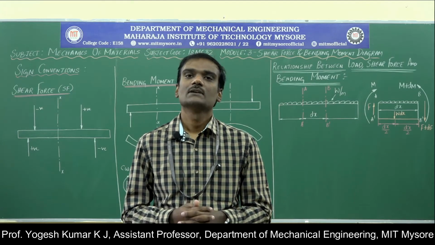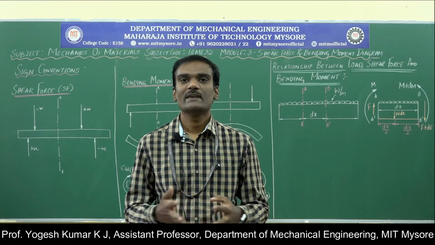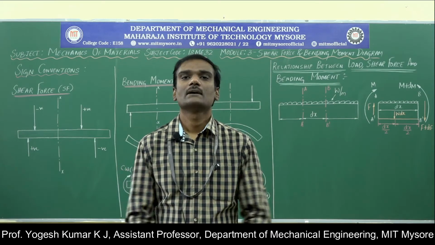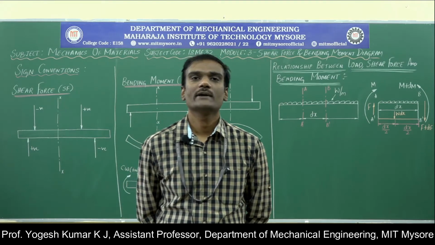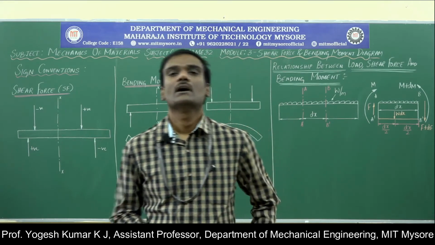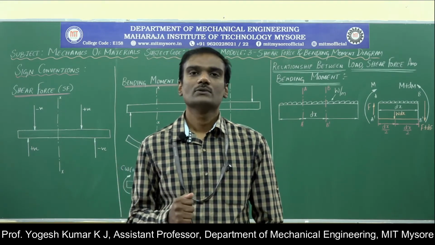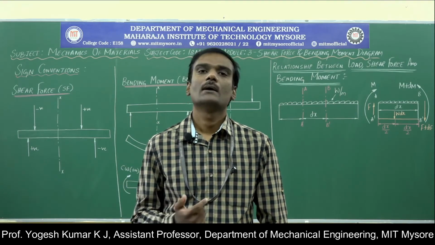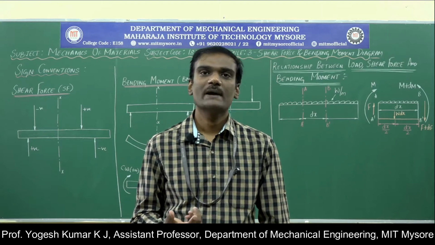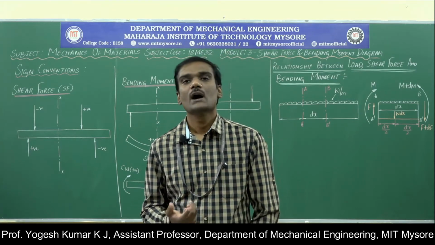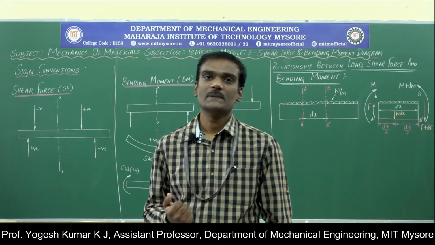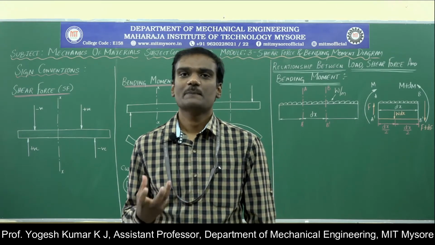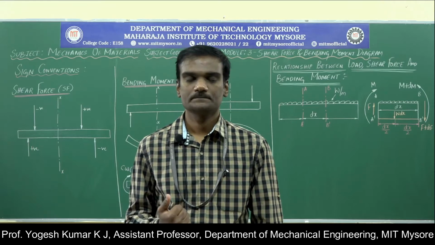The sum of vertical forces will be equal to 0, the sum of horizontal forces is equal to 0, and the sum of moments about any given point or any given location will be equal to 0. Any beam which can be solved by applying these equilibrium conditions is called a deterministic beam, and we are always interested in this particular section of beams.